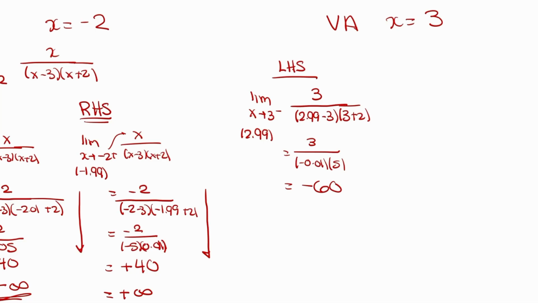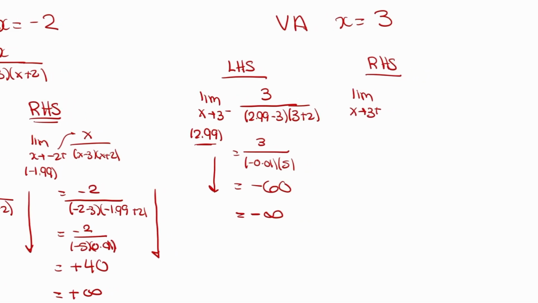So we can see as we're approaching from this left-hand side, if we were to continue to get our numbers closer and closer to 3, we are approaching -infinity. Now let's look at our right-hand side. On the right-hand side, the limit as x approaches 3 from the right-hand side, let's use 3.01.